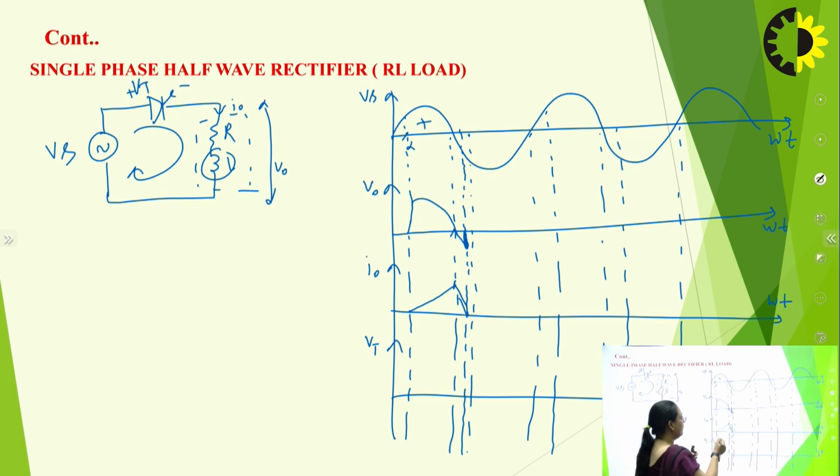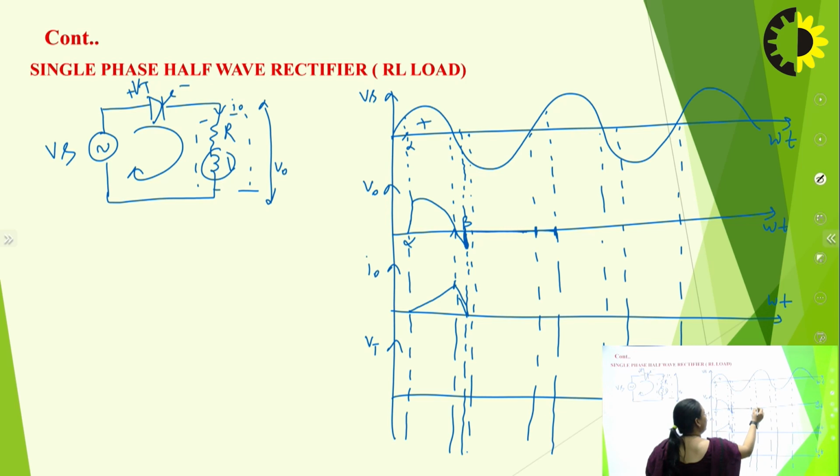As soon as the energy is released in the inductor, right, thyristor will get turned off, as it is already reverse bias after omega t equal to pi, right? And from beta to 2 pi there is no conduction, and similarly after this the cycle repeats, right?